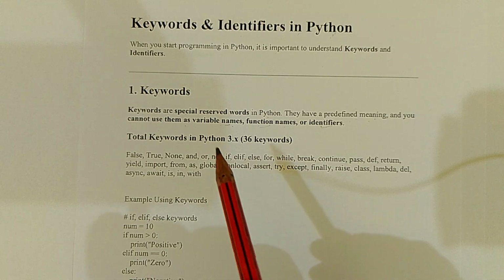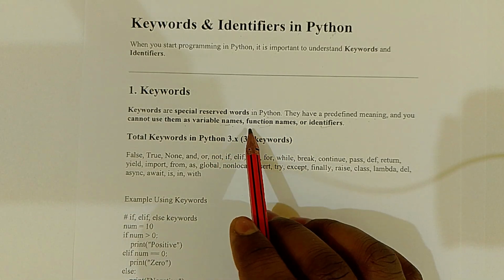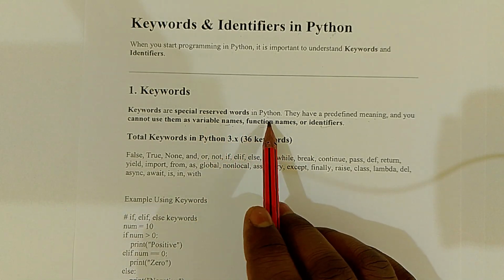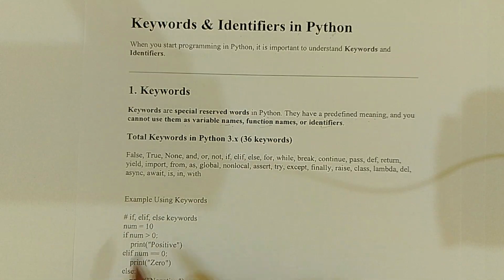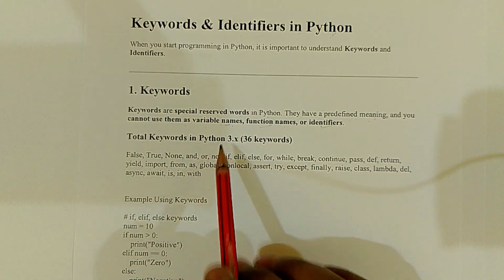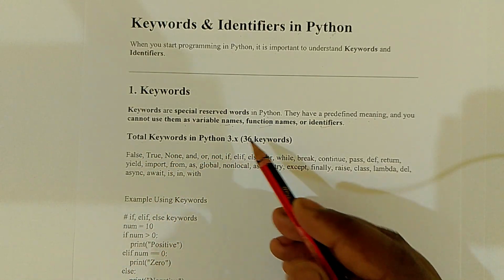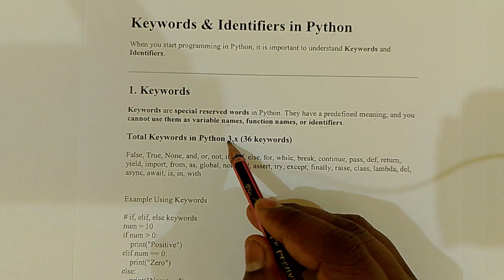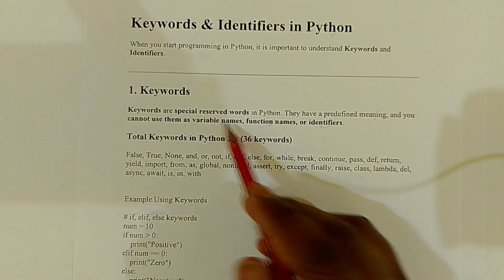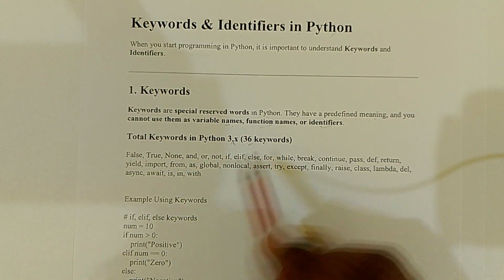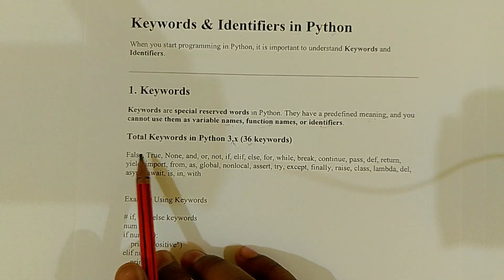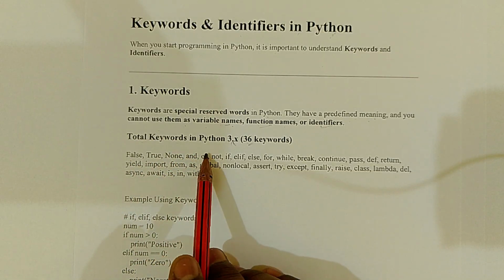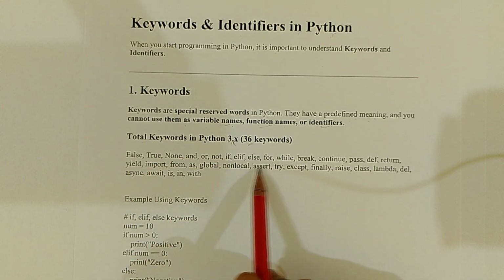Means that a keyword is only a keyword and cannot be used as a variable name, function name or identifier. The total number of keywords in Python 3.x is 36, such as False, True, None, and, or, not, and so on.